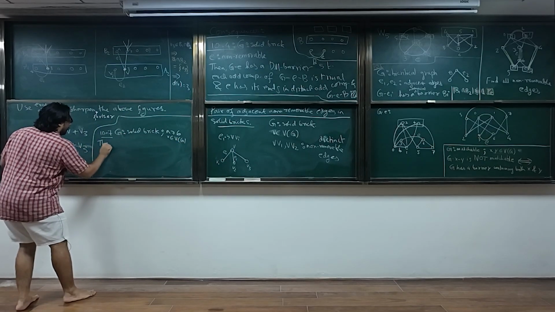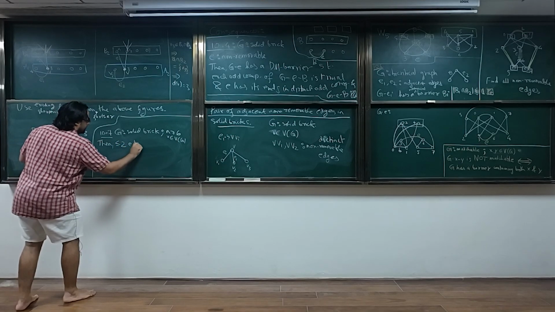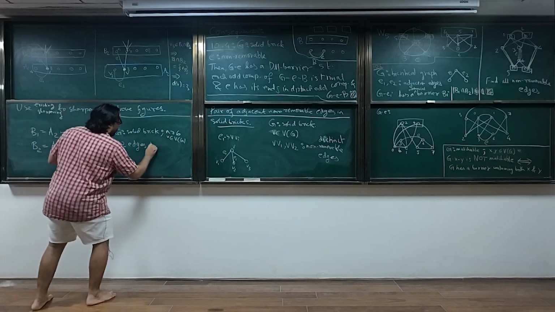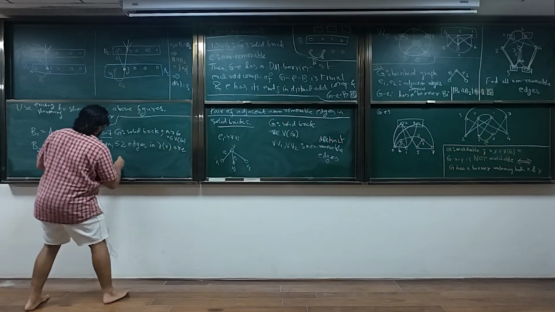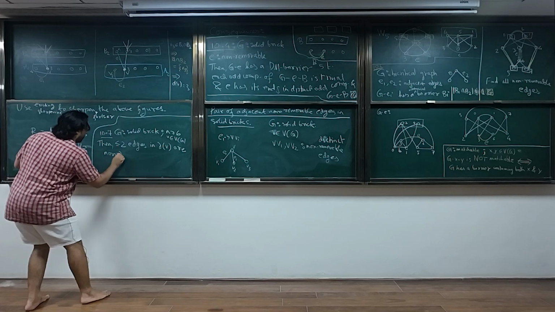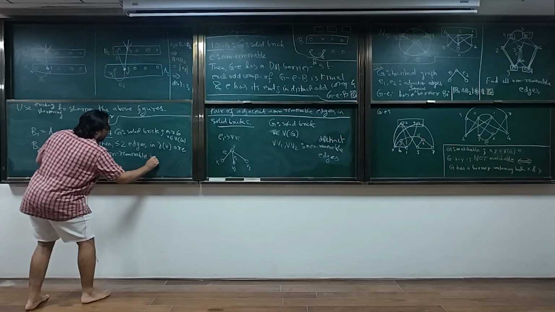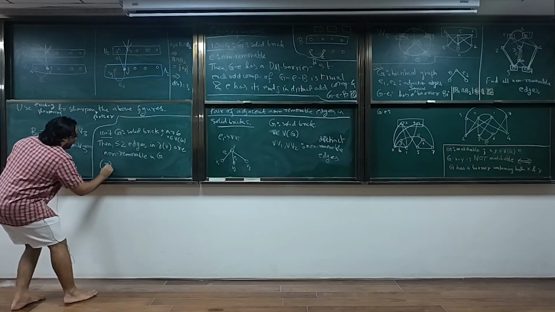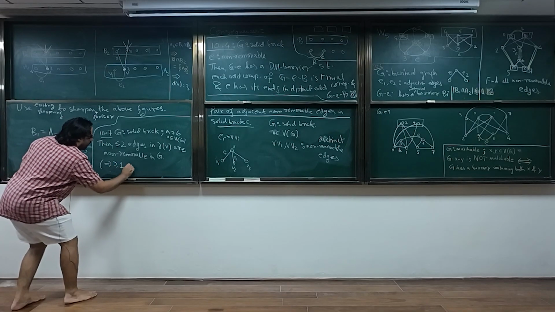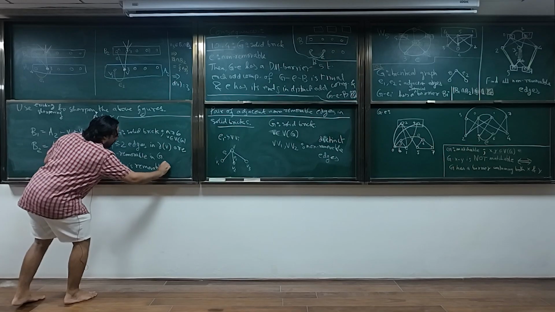Then at most two edges incident at V are non-removable in G. Therefore, at least one is removable.